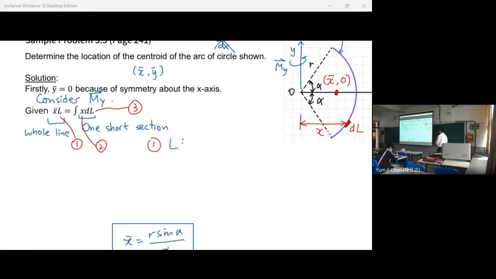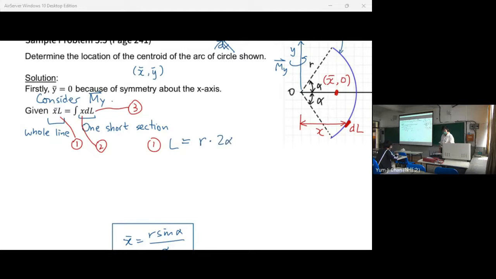What's the length of the whole line here? You should know. L is equal to R times 2 alpha, right?